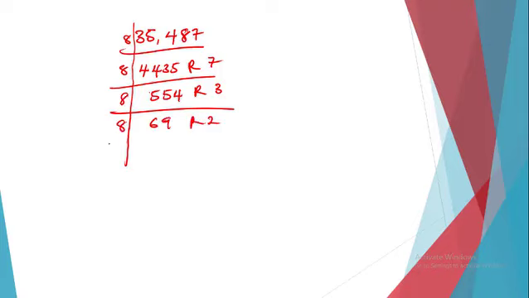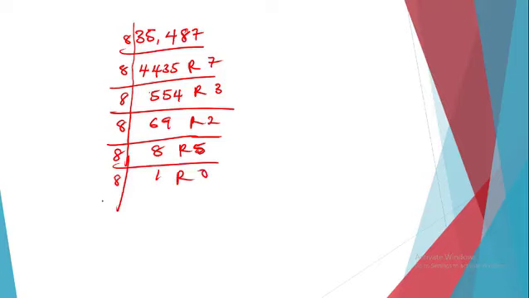Okay, and 69 divided by 8 will give us 8, remainder 5. And then 8 divided by 8 will give us 1, remainder what? 0. Right? And 1 divided by 8 will give us 0, remainder 1. So we pick our remainders from down to top.